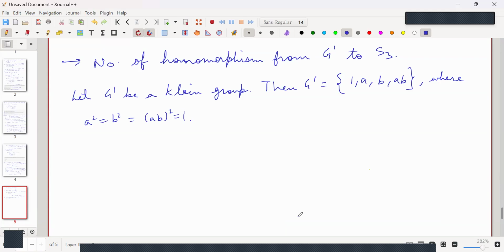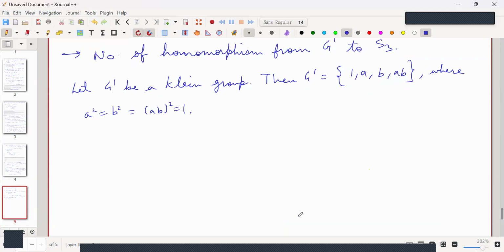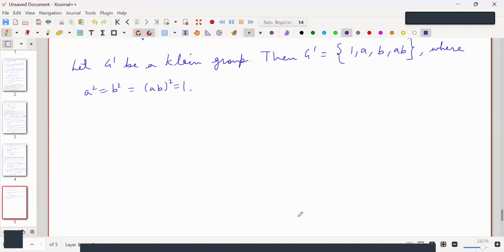So there are 9 possibilities here. Or I could map all of them to E. So there is a total of 10 possible homomorphisms. Okay.